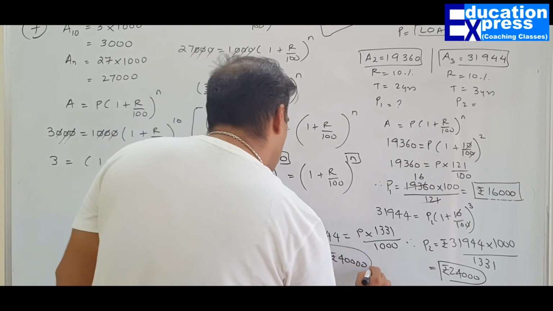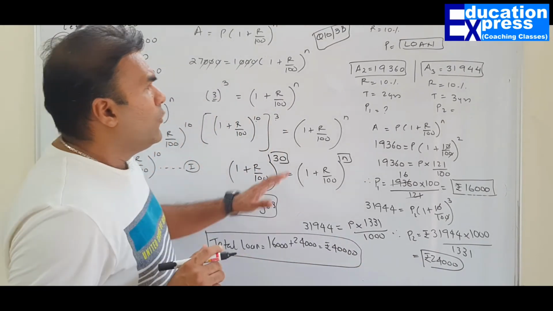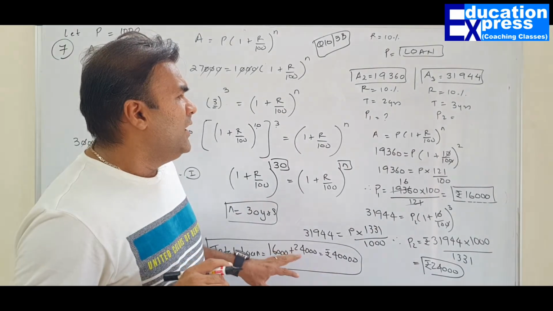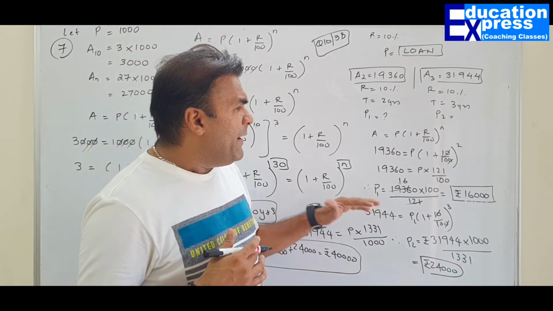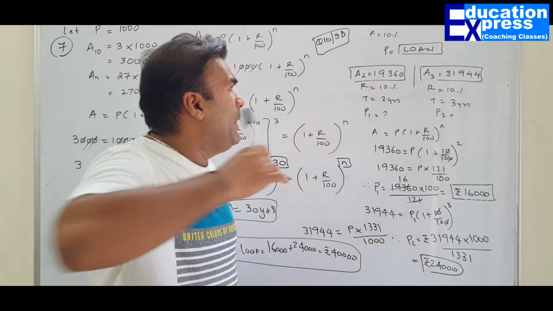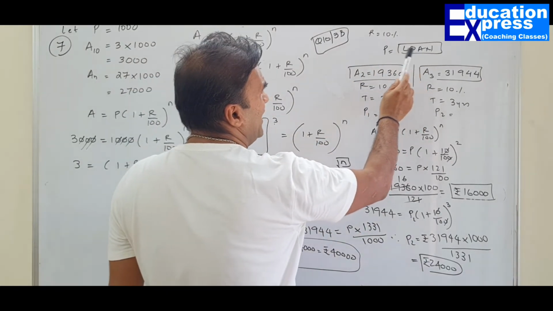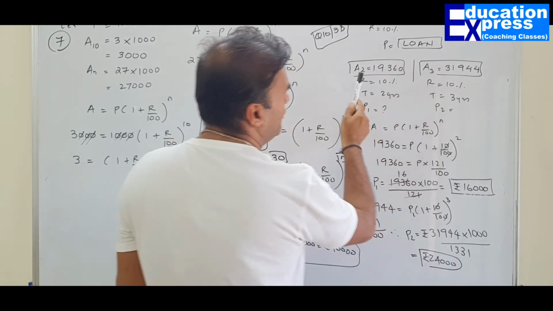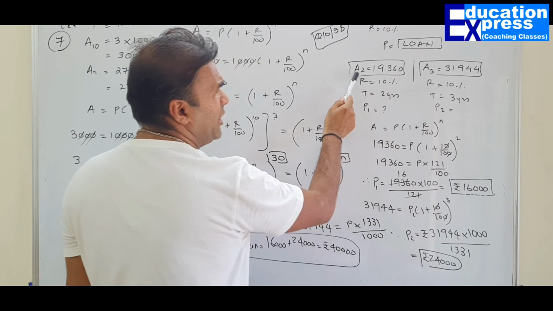Please excuse me for writing the answer all over the board in a bit of a haphazard manner, but I'm sure you can understand this is my analysis of the question. The loan amount is unknown, but the amount has been paid in 2 installments, the first one being 19,360 at the end of second year.